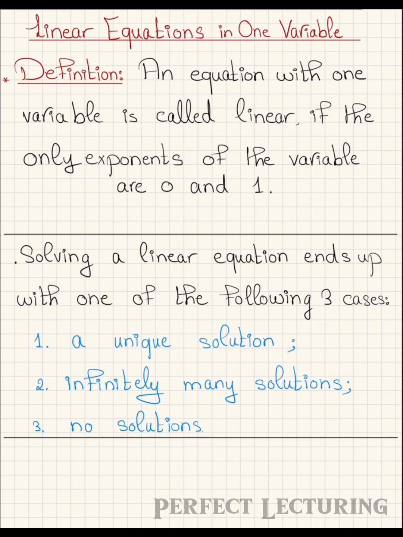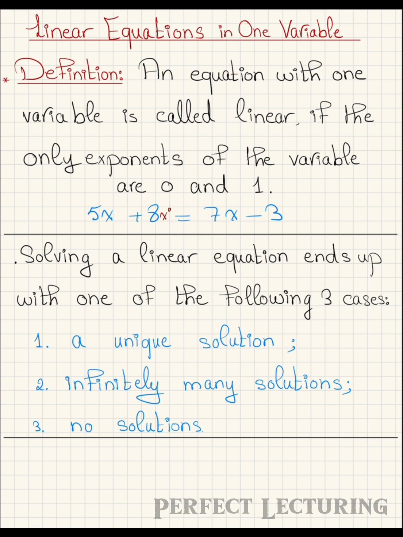Now we can define when we call an equation linear. An equation is called linear if and only if the only exponents of the variable in this equation are 0 and 1. For example, if you have something like this, we notice that all the terms contain either x to the power of 1 or do not contain any x, in other words, x to the power of 0.